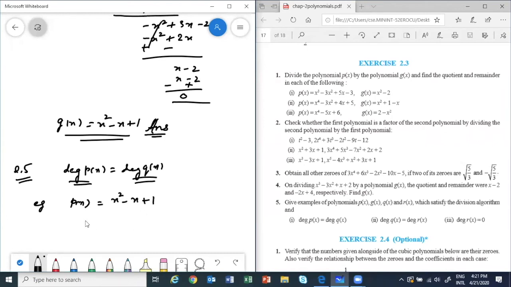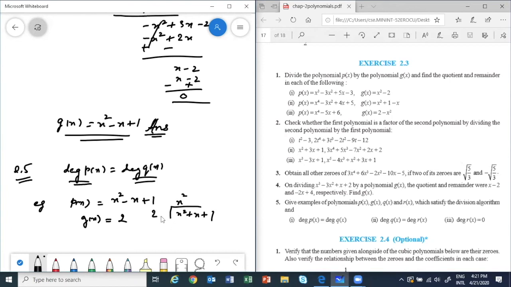Then what should be my g(x), or what they're saying, degree of q(x). So if I divide x square plus x plus 1 by 2, I will have to take x square, no? Then q(x) will have the same degree, isn't it?